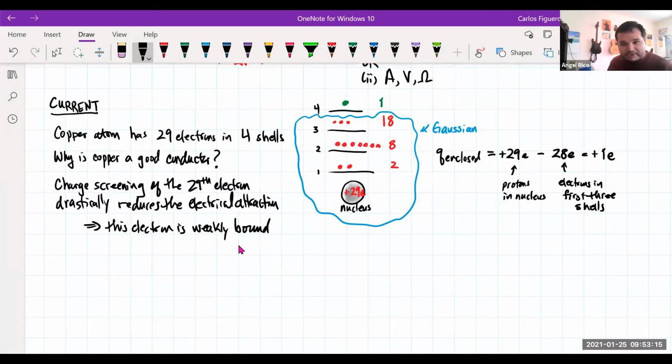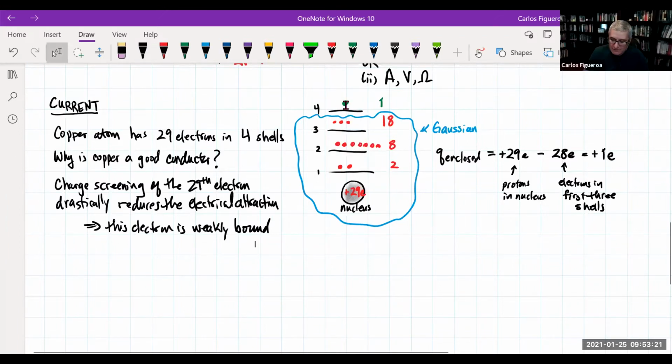So you say charge screening, that means like taking the Gaussian of it? Well, if you just focus on the fourth shell electron, what binds the electrons in an atom? It's the nucleus. So what binds the 29th electron to the nucleus? It's the electric force. But in between the fourth shell and the nucleus are these three shells.